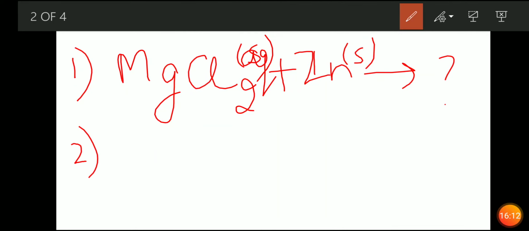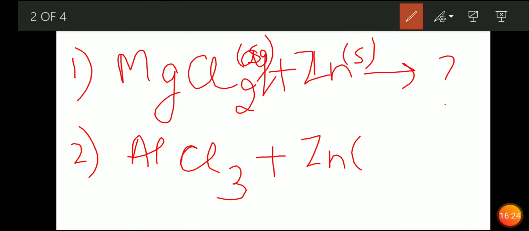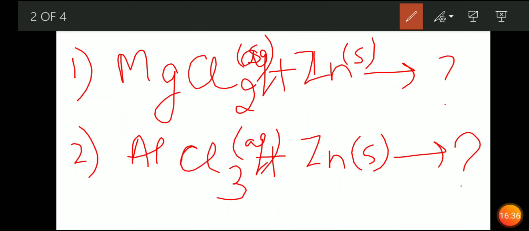The second reaction is AlCl3 plus zinc. Tell the type of reaction and the product formed. Okay. So in both the questions you will write the reaction, the product formed, and the type of reaction: endothermic reaction, exothermic reaction, decomposition reaction, combination reaction, whatever it is. That's all for today.